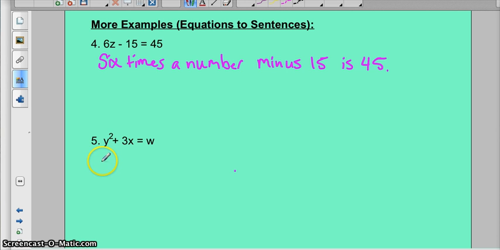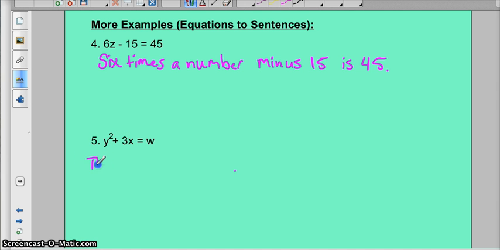Alright, number 5. So again, I'm going to read it out loud. It says y squared plus 3 times x, or 3 times a number, equals w. Okay, another way you can think about it is sometimes we say plus, or we can talk about the sum of. So I'm going to go ahead and use the sum of to switch up my words.